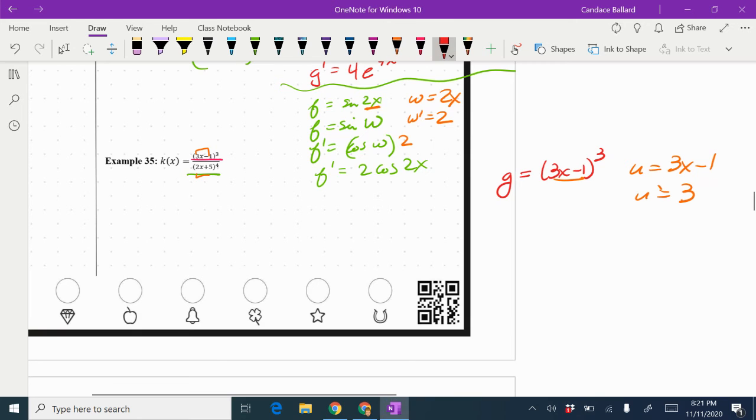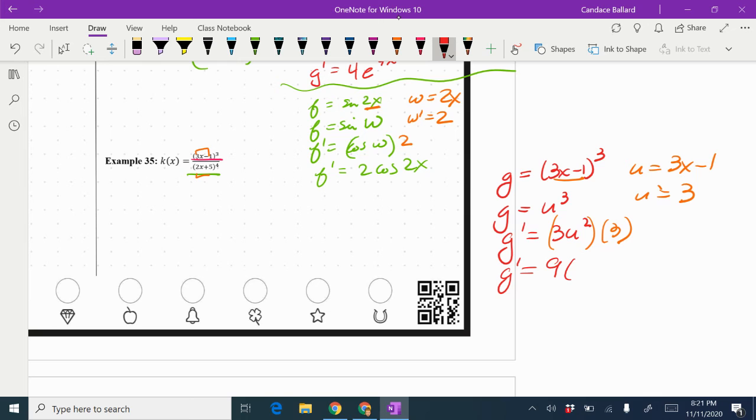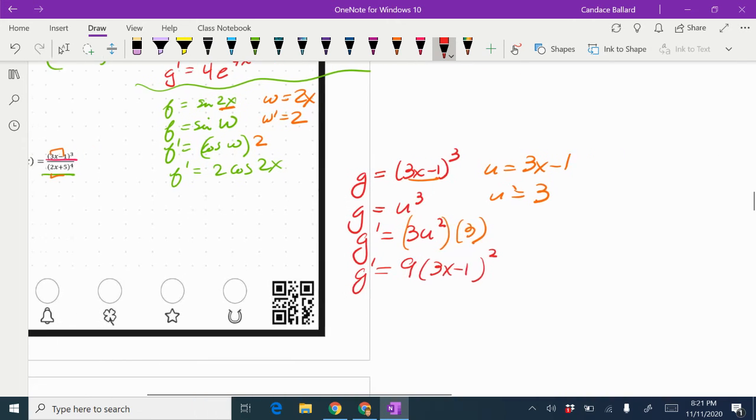I'm going to rewrite the g. So g equals u cubed. Now I'm going to start taking the derivative of the outside function, which would be 3u squared. Multiply that by the derivative of the inside function, which we know is 3. Now we're going to clean it up. So the derivative of g would be 9, and instead of u, we're going to write (3x minus 1) squared.